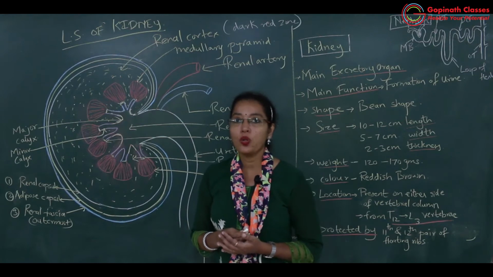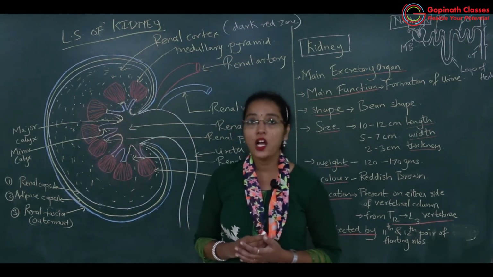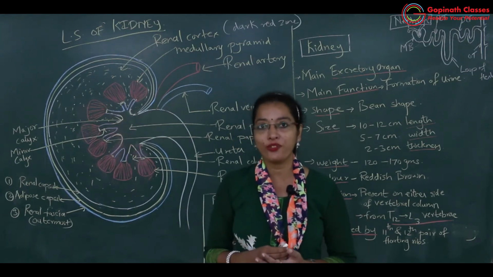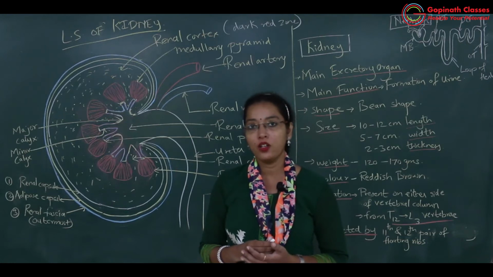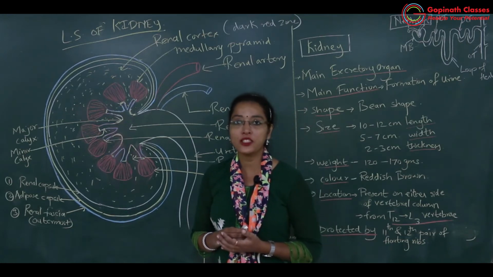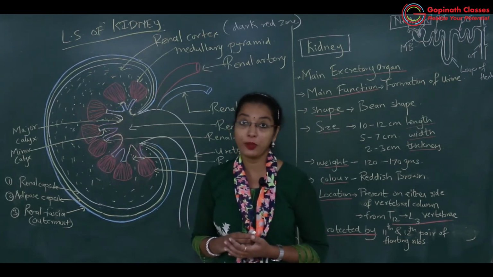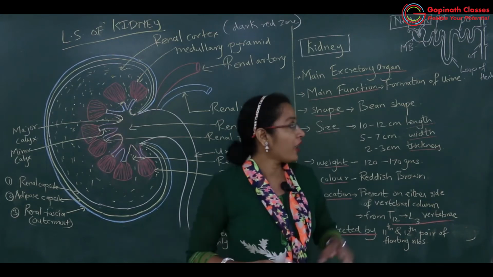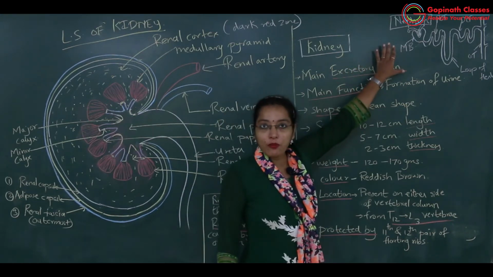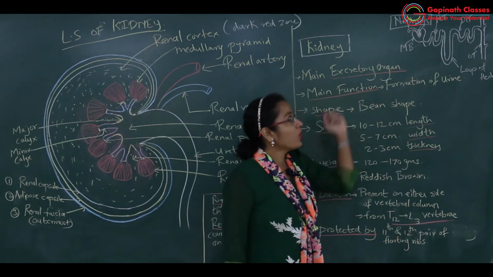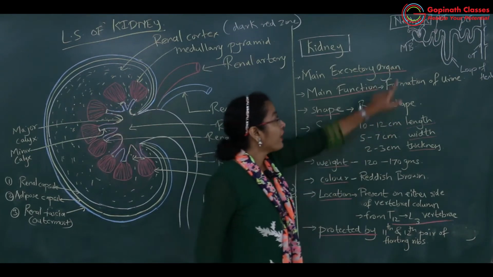Why is it so? Because you all know very well the fundamental unit of the kidney is the nephron, and the nephron consists of tubules. I have drawn here a rough diagram of the nephron, wherein you can make out its different parts.